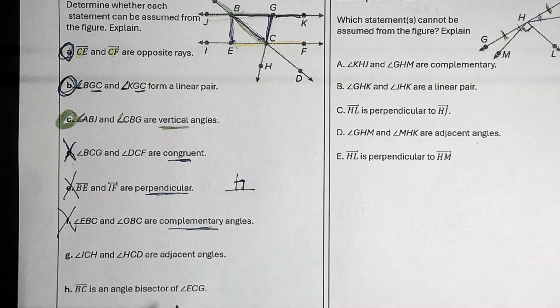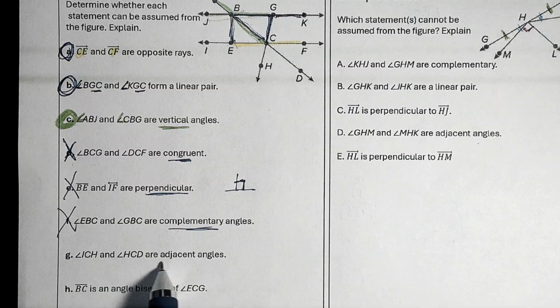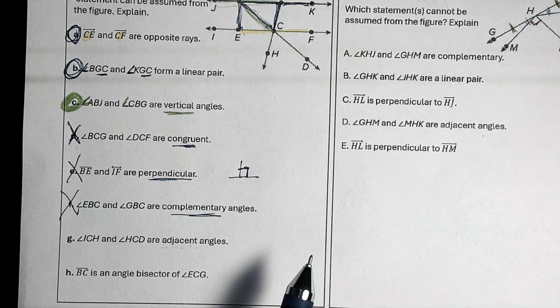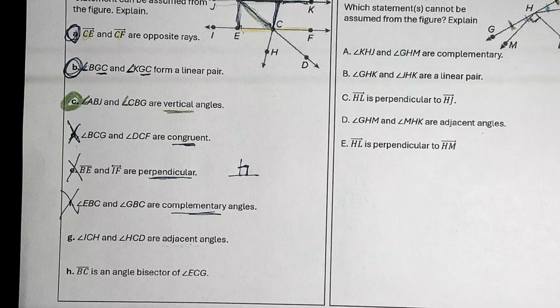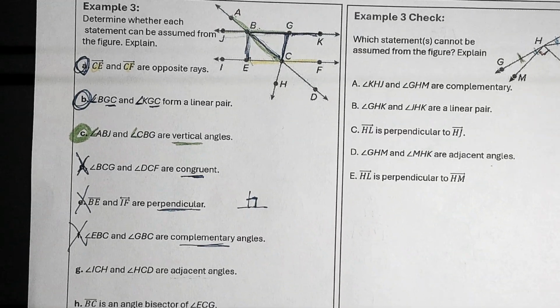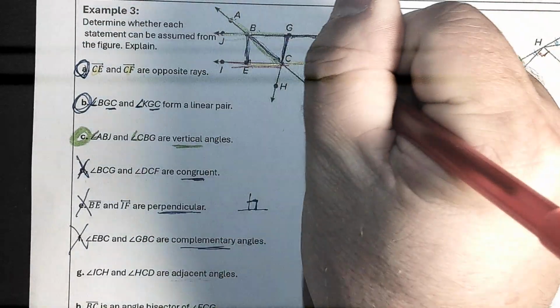So now, let's go to G. G says that ICH and HCD are adjacent angles. Now, adjacent is about location, not measure. So you can look at something and see where it's at. Let's do red. So ICH, from here to here to here.